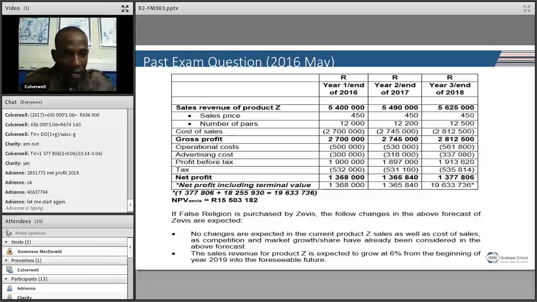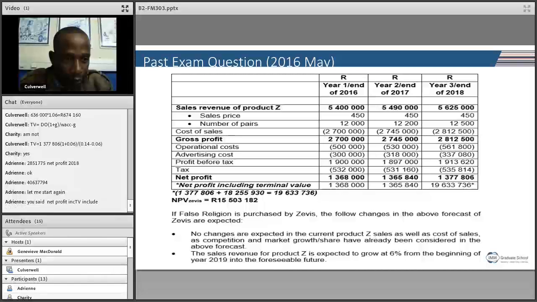So we want to use those figures to calculate our NPV, and then the difference of the two is going to give us 2,851,775 for year 2018. You can start again, Drain.